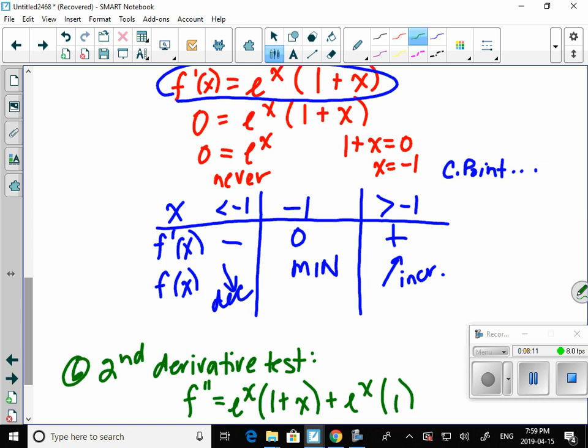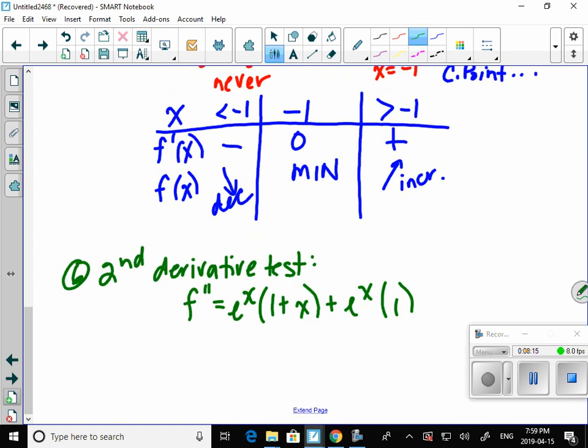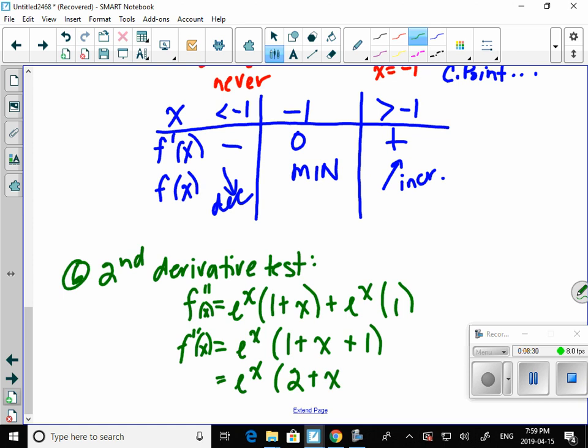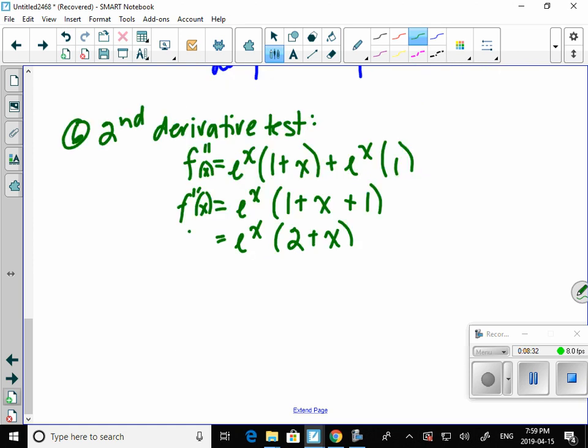So my second derivative, I could tidy a little bit, as having a common factor of e to the x. It should be e to the x times (2 plus x). So for my second derivative test, I want to know where the second derivative is 0 or undefined.